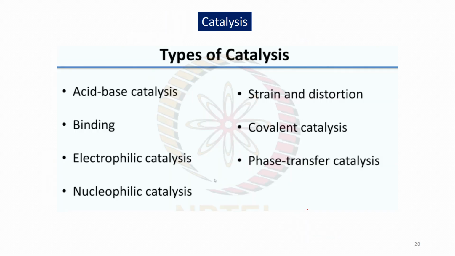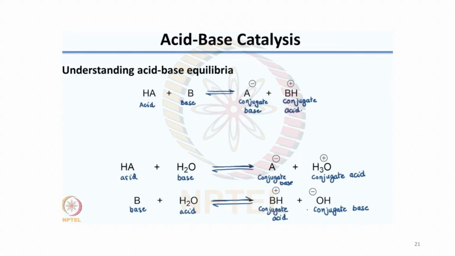Next. The next topic we'll discuss is types of catalysis. There are different types of catalysis like acid-base catalysis, strain and distortion catalysis, binding, covalent catalysis, electrophilic catalysis, phase transfer catalysis, and nucleophilic catalysis. Today in this class we will discuss acid-base catalysis.